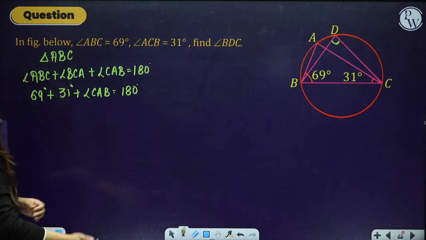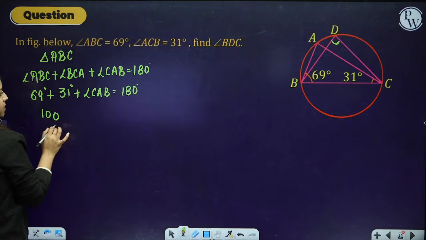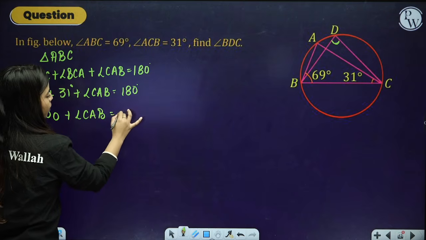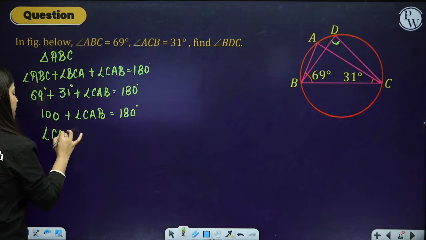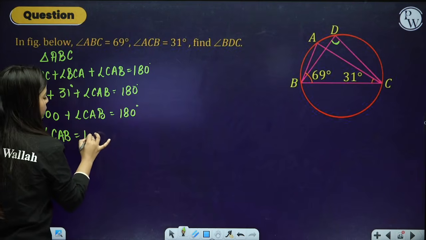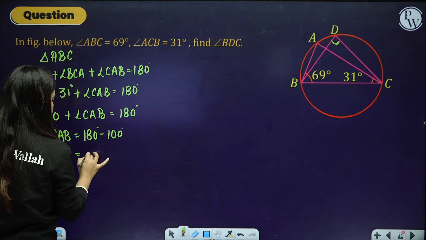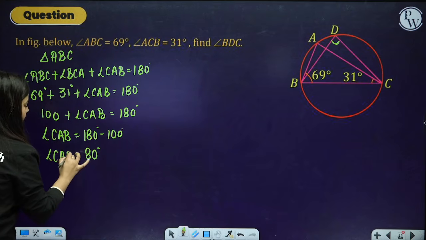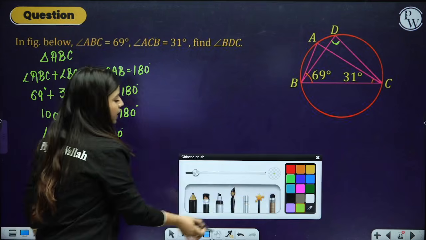I hope this is clear with everyone. So 9 plus 1 is 10, and then we have 100. 69 plus 31 is 100, plus angle CAB is equivalent to 180 degrees. So from here we get angle CAB is equivalent to 180 degrees minus 100 degrees, which is equivalent to 80 degrees. So angle CAB came out as equal to 80 degrees.